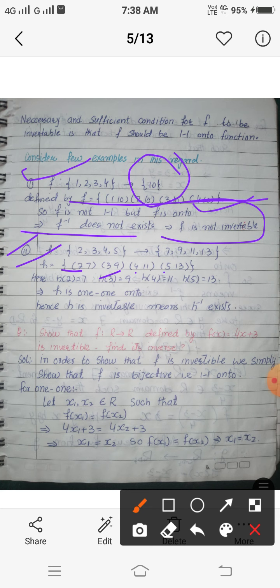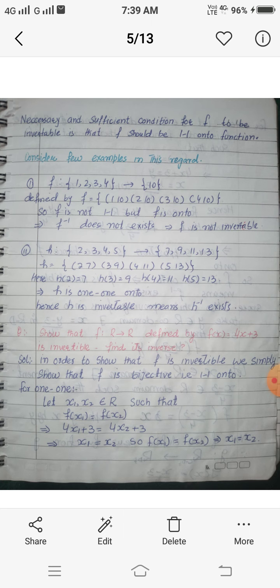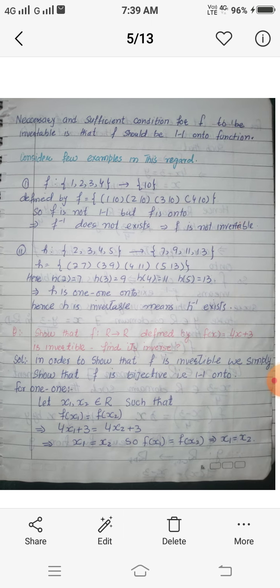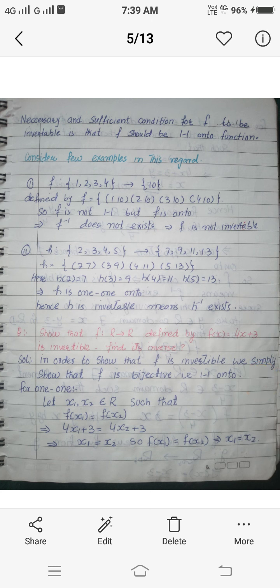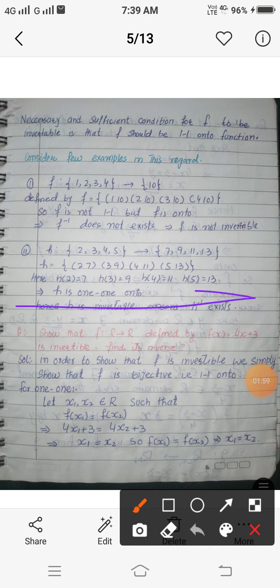Here different elements have different images, so it is 1-1. The elements 7, 9, 11 and 13 are all in the range of h, so the range equals the codomain, hence the function is 1-1 and onto. When a function is 1-1 and onto, it is bijective, so it is invertible and its inverse exists.